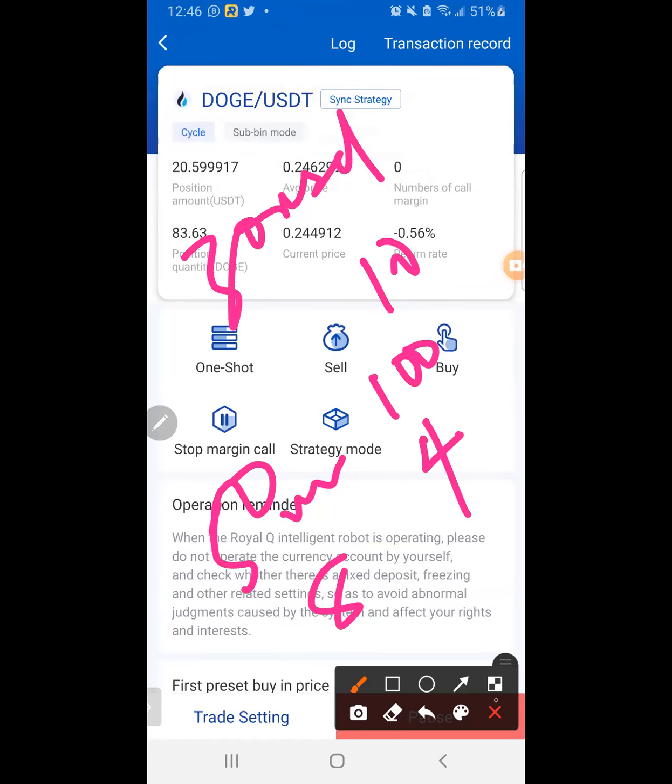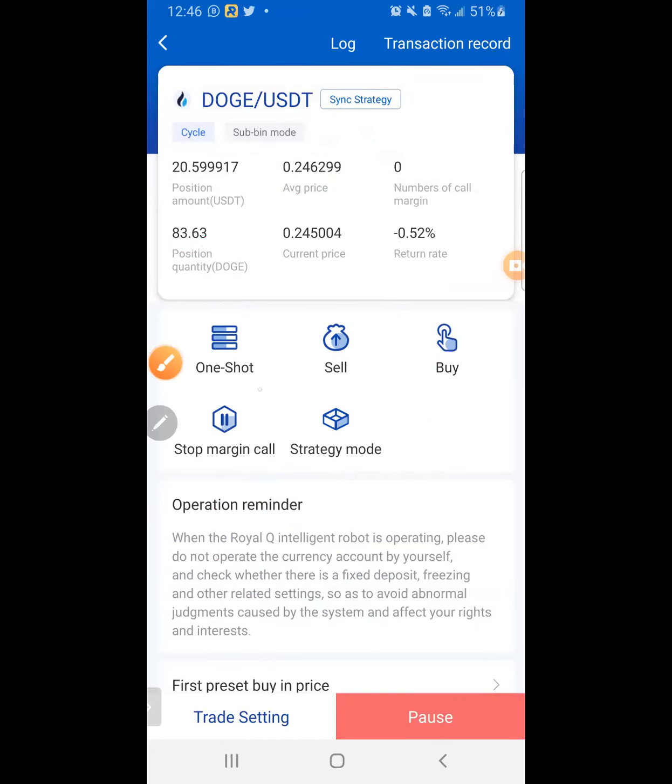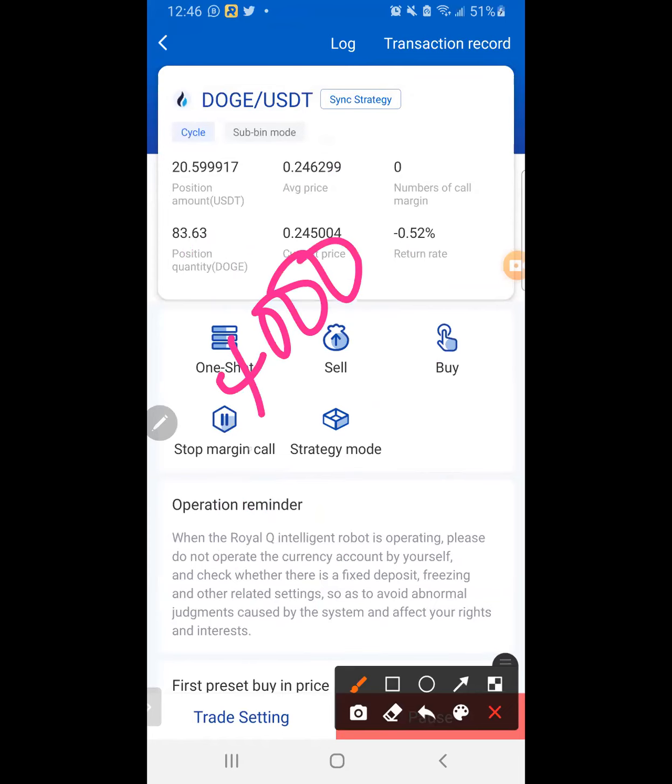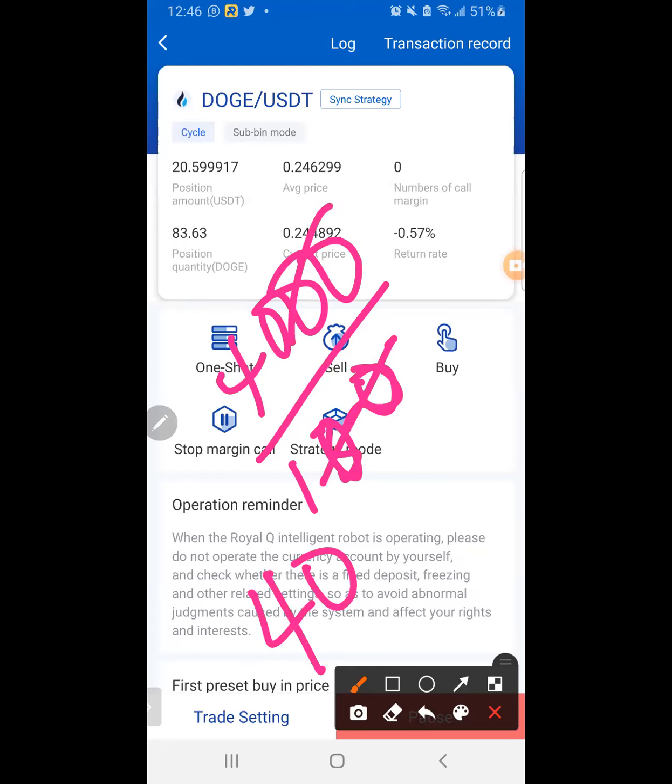See, let's calculate it again. 4,000 divided by 130 is what? Or let's say 100 to make it easier. It's 40, right? So 40.